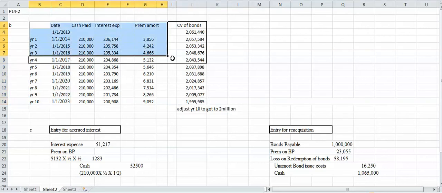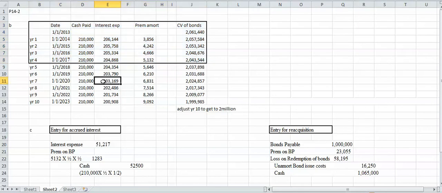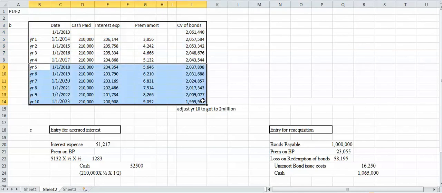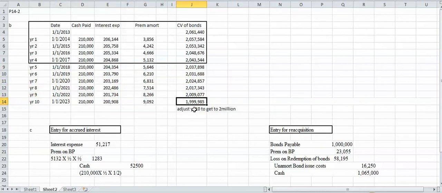For the problem, you only have to do the first 4 years. That's why I put a box around it. But I just decided to calculate it out so you could see what it looks like. In the very end, this number would actually come to $2 million. So we would make any adjustments we needed to get that to be $2 million. The ending carrying value is always equal to the face value if you keep the bond.